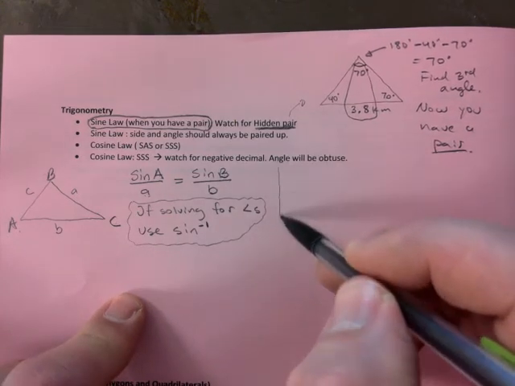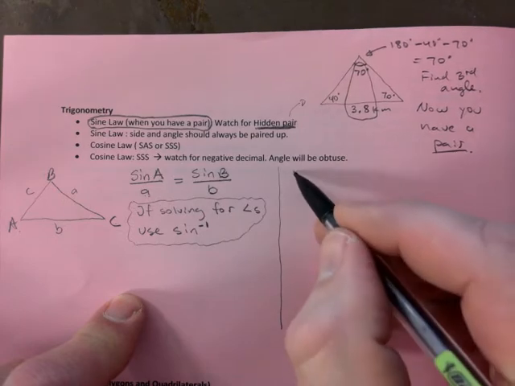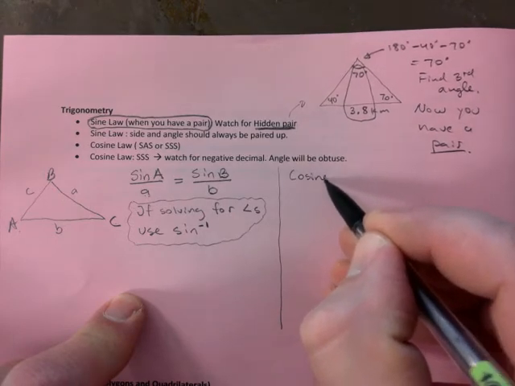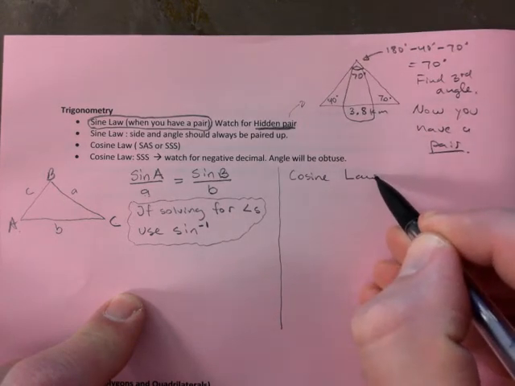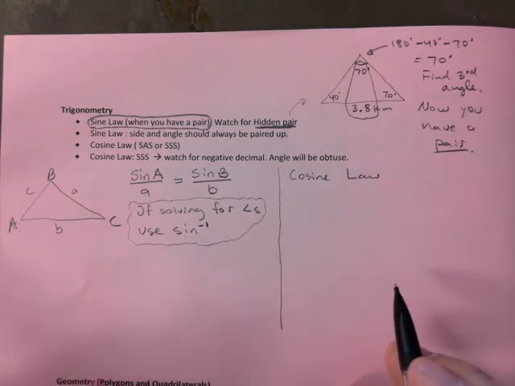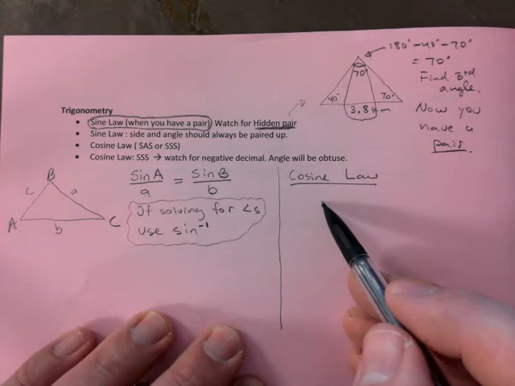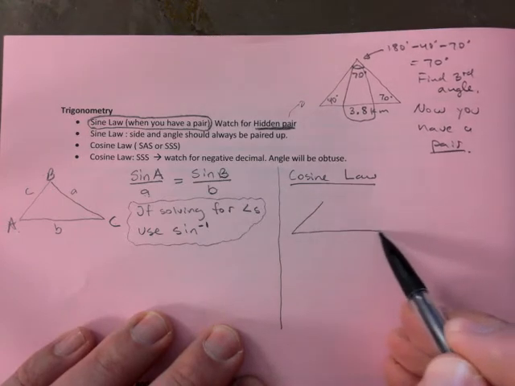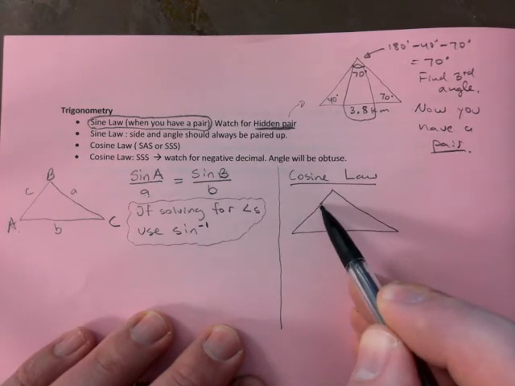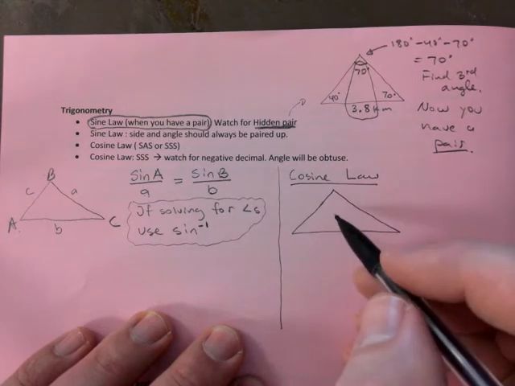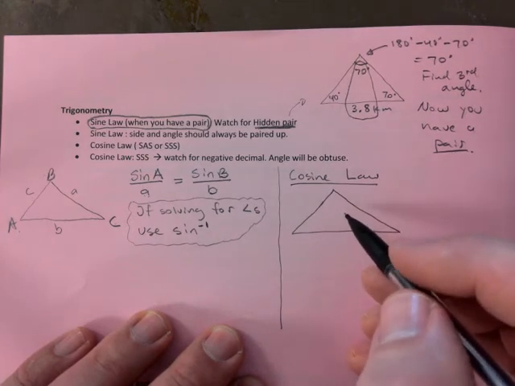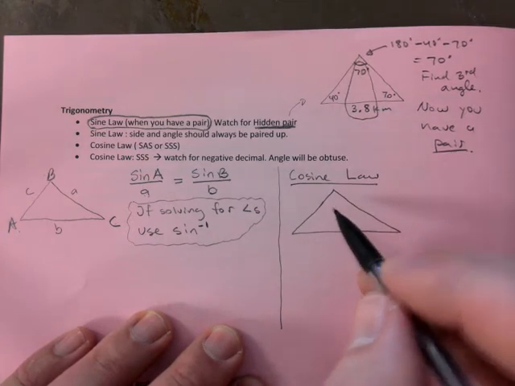I'm going to break this up into cosine law here. There are only two cases that you can use cosine law for. The first one is this case here, where you have, should I actually use numbers? I will use numbers.